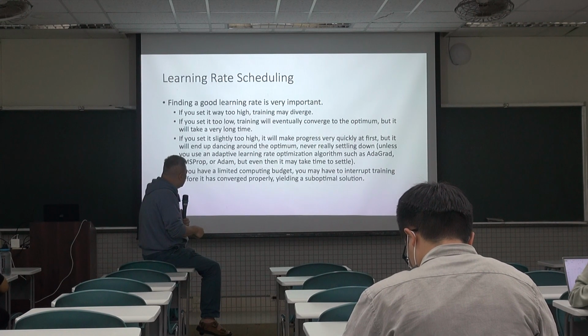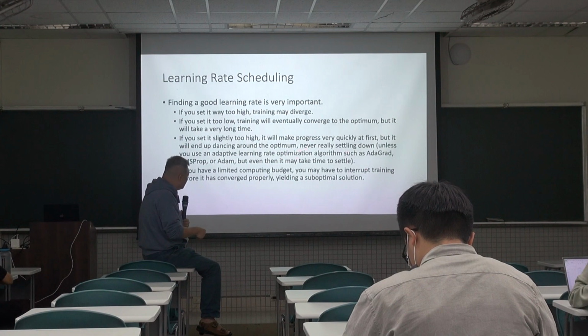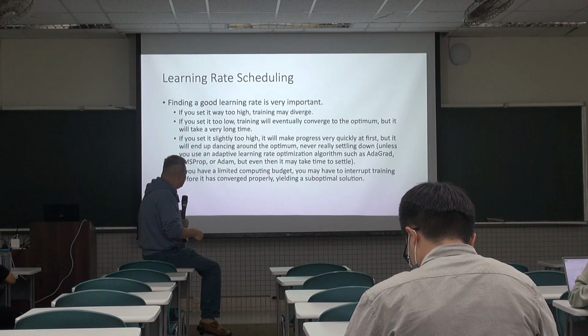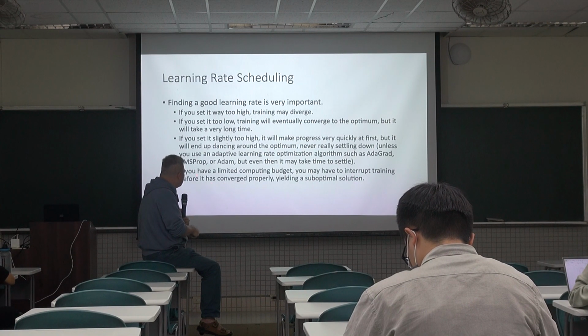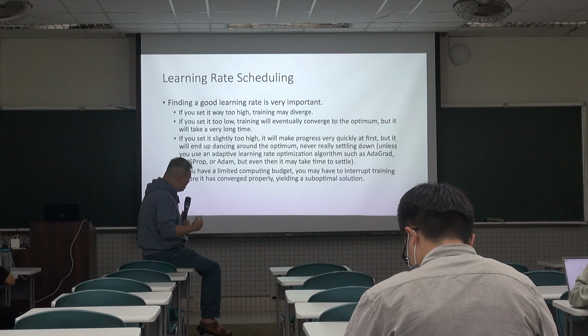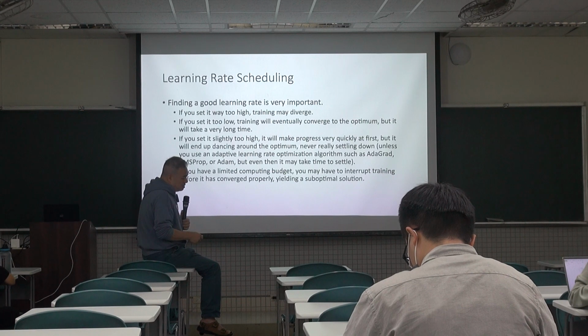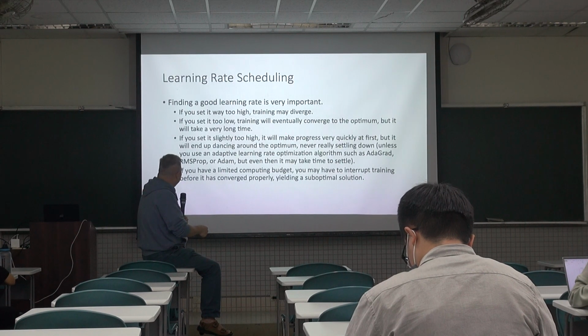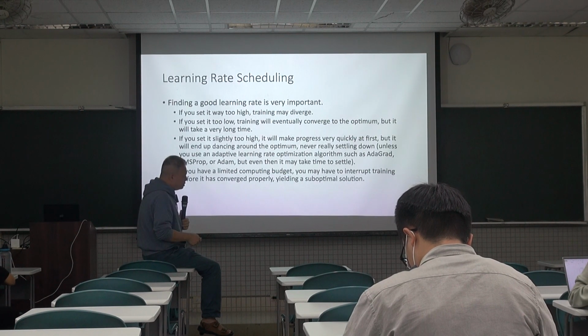But even then it may take time to settle. So if you have a limited computing budget, you may have to interrupt training before convergence happens, and you may end up with a suboptimal solution. We just want to tell you that learning rate is important.